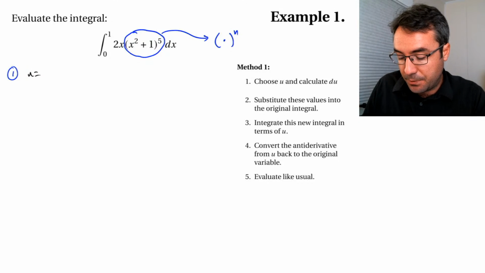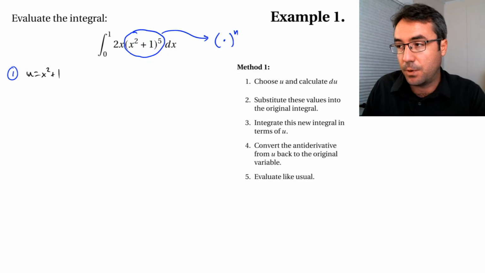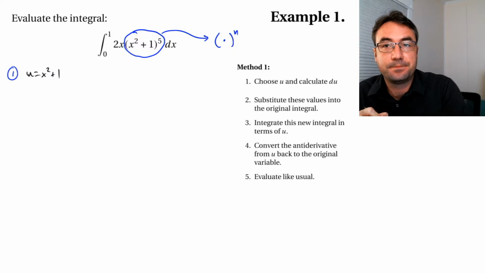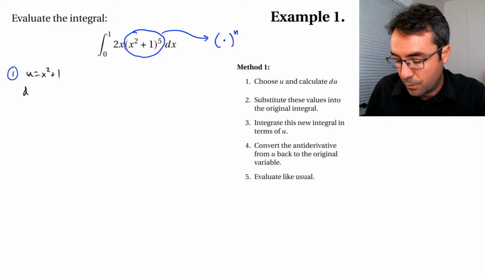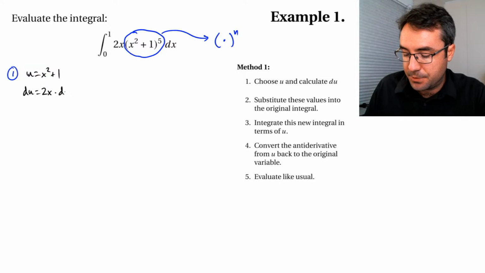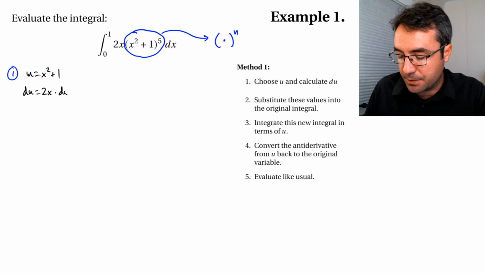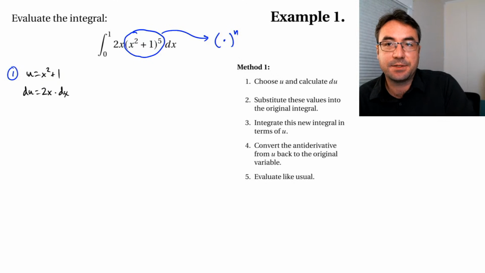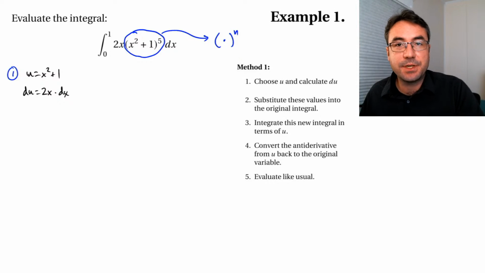So we're going to let u equal x squared plus 1. Forget about everything else. We want the derivative of that. It's 2x. And to get the differential, du then is equal to 2x times dx. So that's the first step of substitution rule.